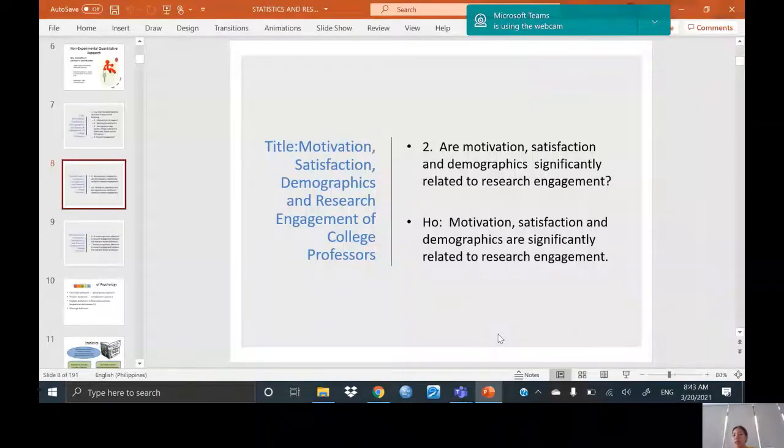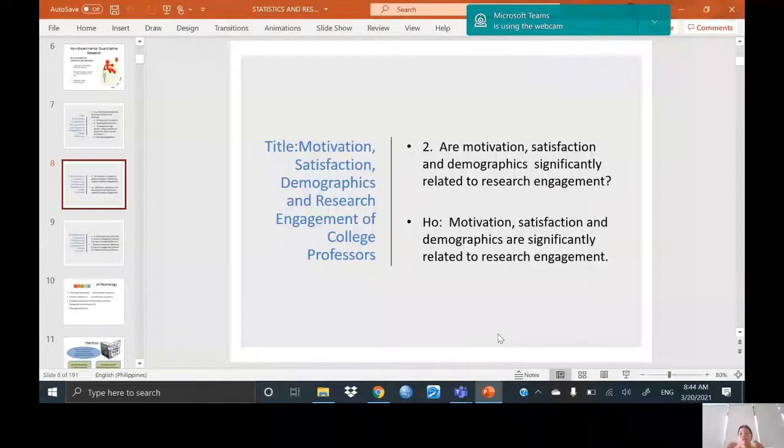So that question would have to be answered by yes or no. This leads us to the assumption that this may be an inferential question, because if you look at the term significantly related, it must be a correlation question, meaning it asks for some kind of correlation between or among the variables in question.